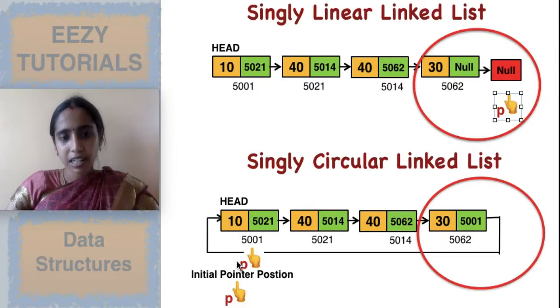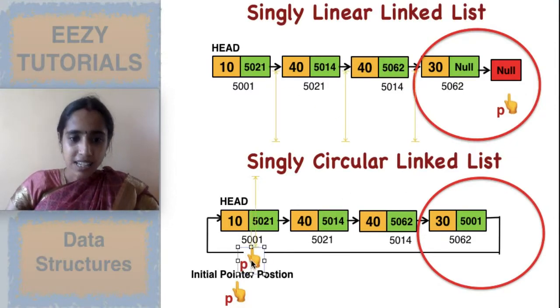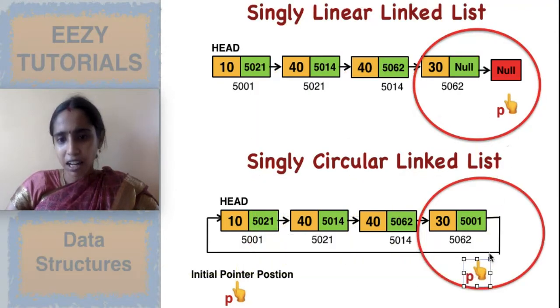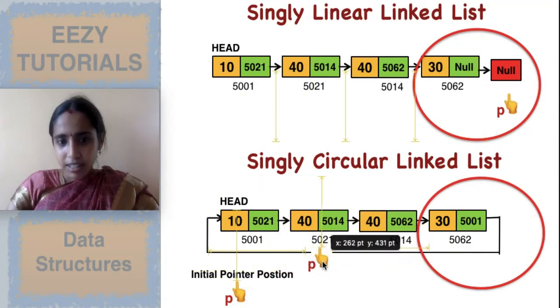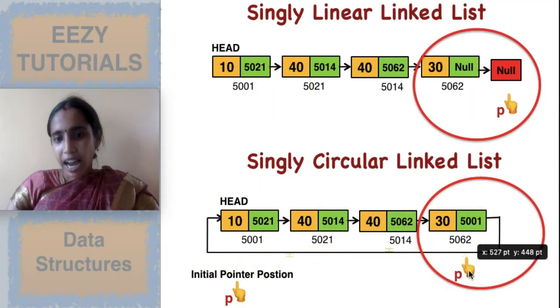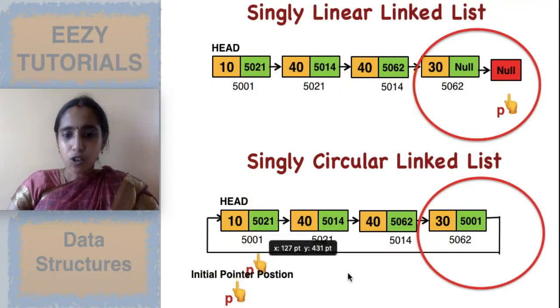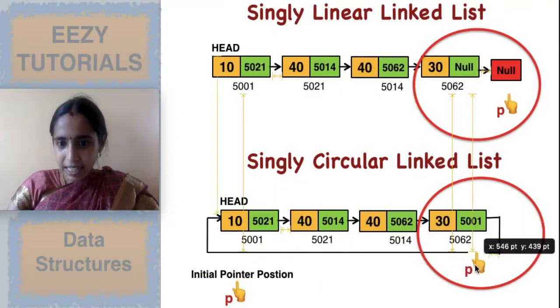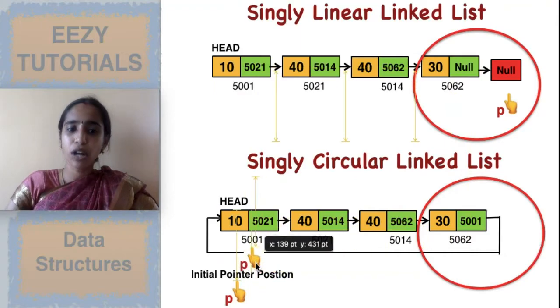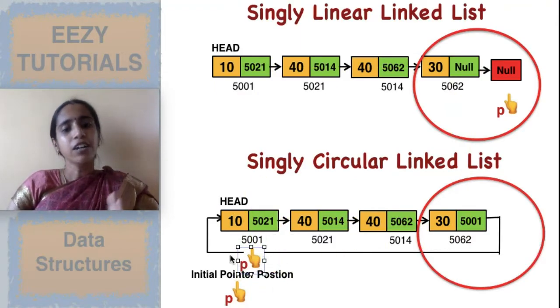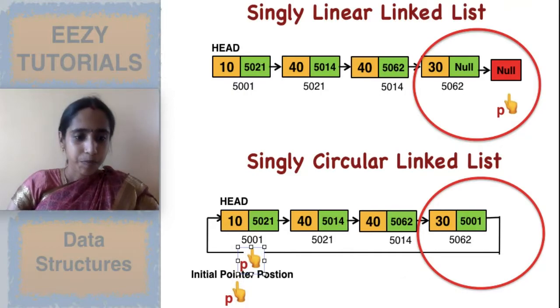For the circular linked list, what do we have to do? We start with p is equal to head. When will you stop? Here we don't have null. So p should traverse to the next node, and when it reaches the last node, again it will come back to head itself. So when p completes one iteration and comes back to head, you have to stop. So while p is not equal to head, you have to run the code.